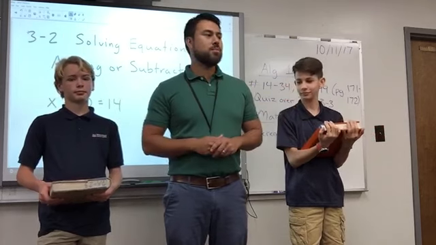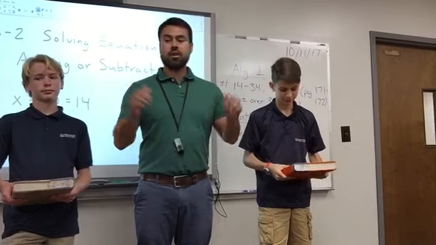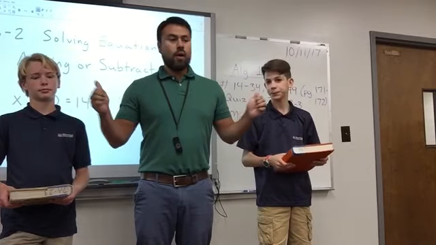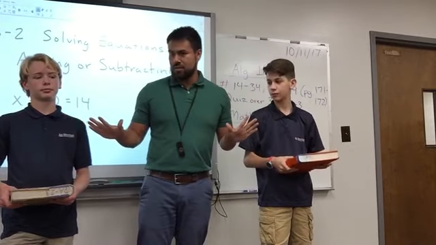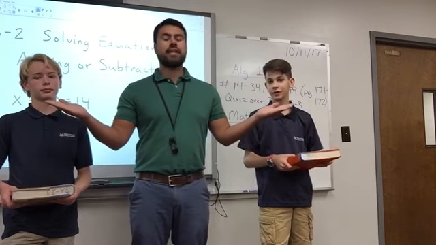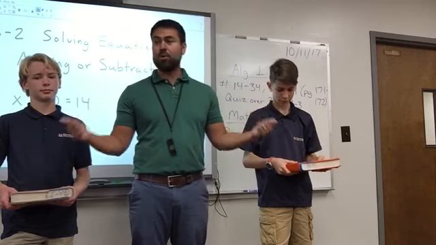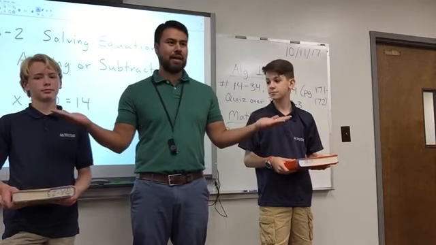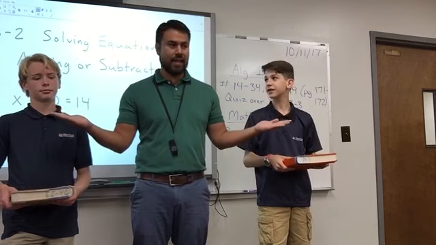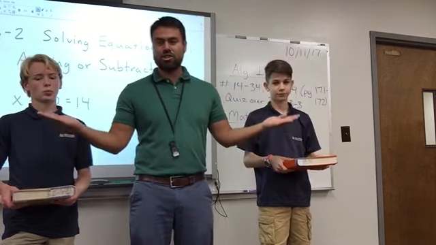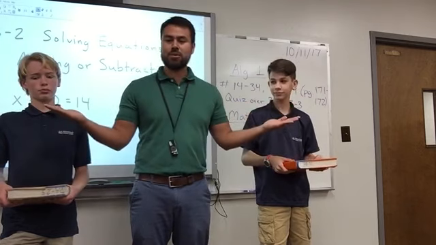This is one of the principles of equalities that we're going to look at. I'm going to write it down. When they were without the books, were they balanced? Yes. When I added the same weight to both sides, what happened to my scale? It stayed balanced, because I added the same thing to both sides.